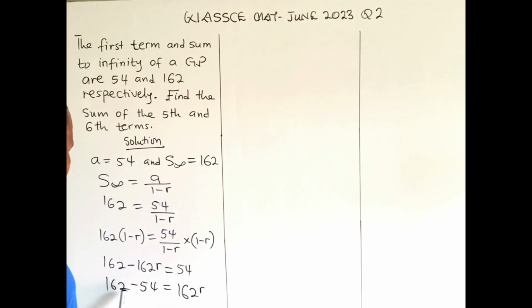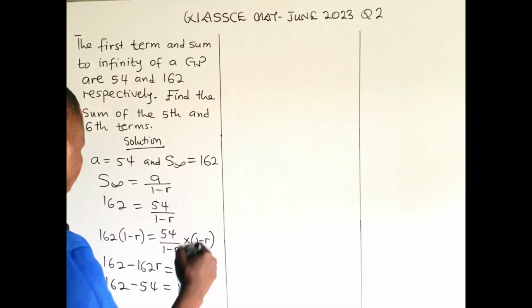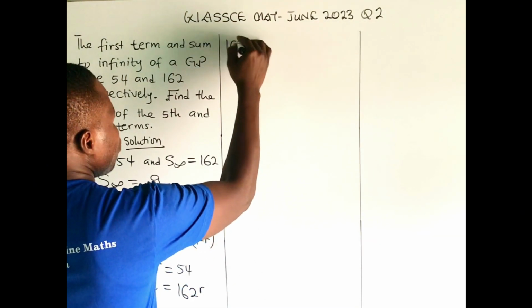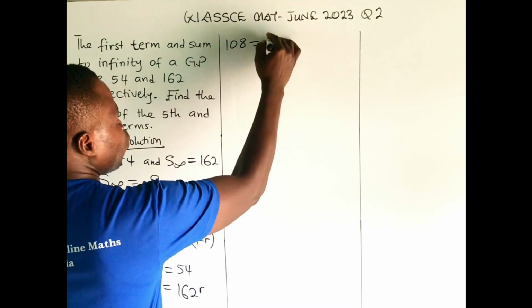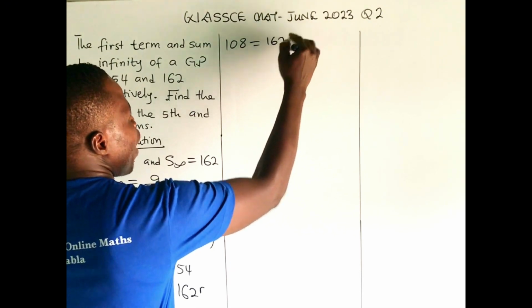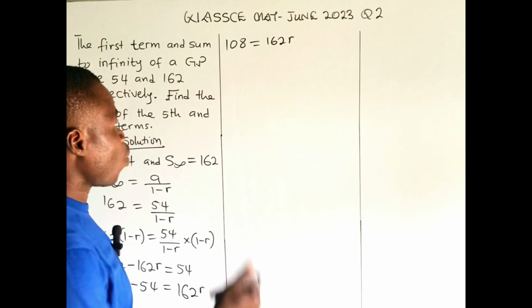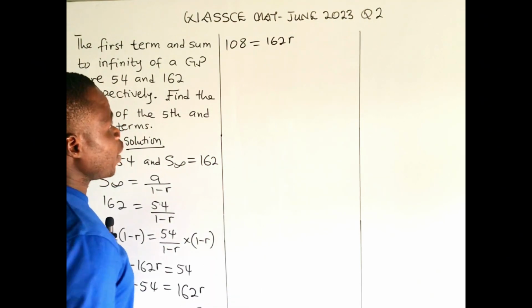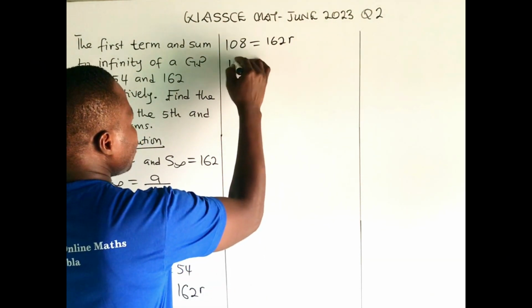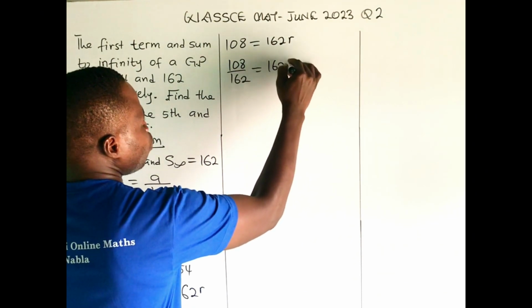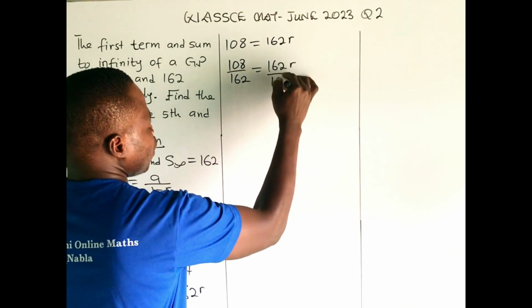Now, 162 minus 54 will give me 108. That is, 108 is equal to 162r. We want to find r. We divide both sides by the coefficient of r, which is 162. So I have 108 over 162 is equal to 162r over 162.